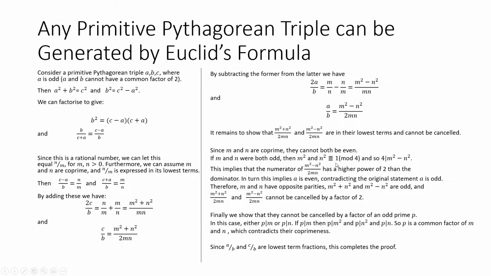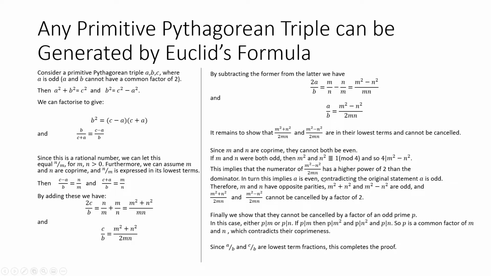So if you think of 2r plus 1 all squared, you get 4r squared plus 4r plus 1. I've got two coefficients of 4 and a constant of 1. I'd have a remainder 1 when I divide that by 4. So I'd have both of these squares with a remainder 1 when divided by 4, and so 4 is a factor of the difference of m squared and n squared.